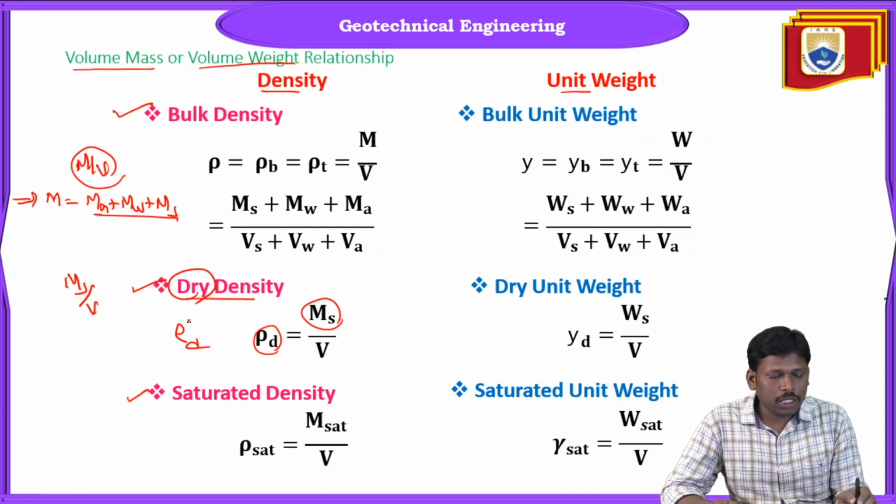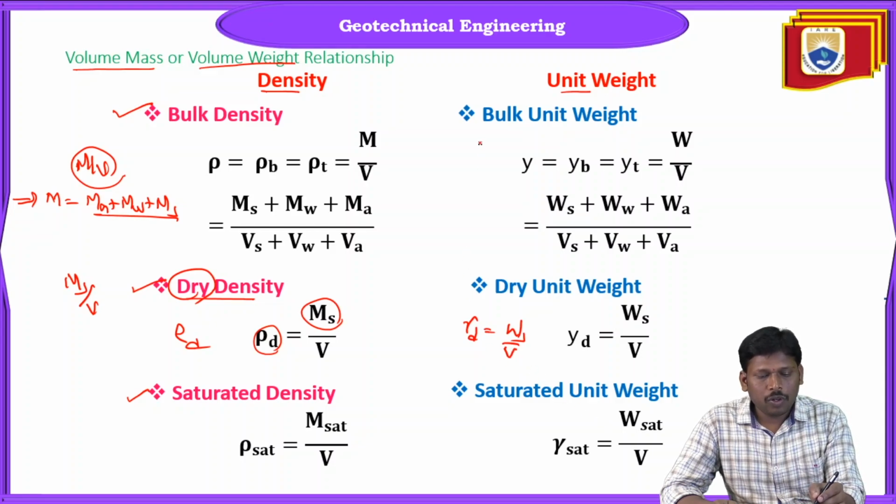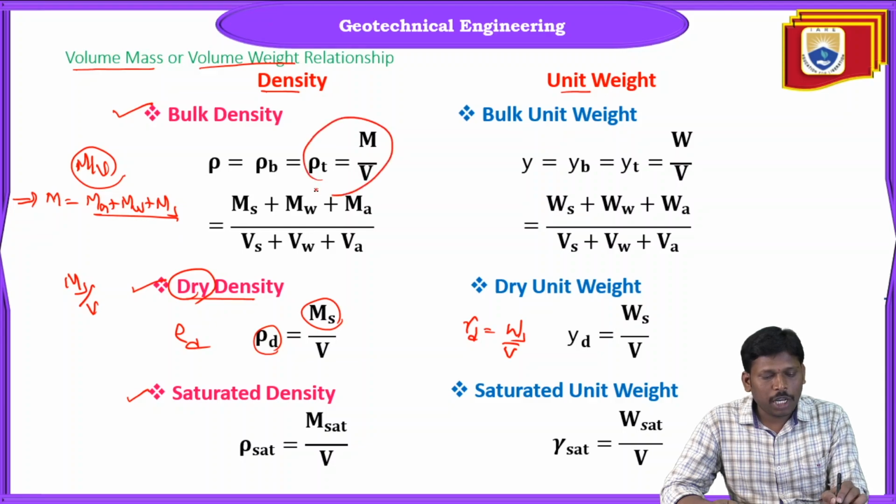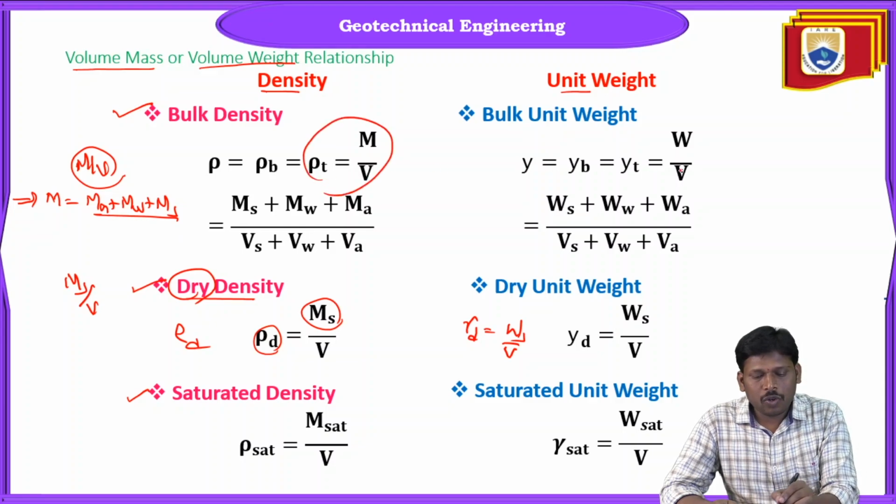Coming to the same dry density in terms of dry unit weight, rho becomes gamma, like gamma d, which is the weight of soil by the volume. For bulk density, rho is equal to mass by volume; here gamma is equal to weight by volume.